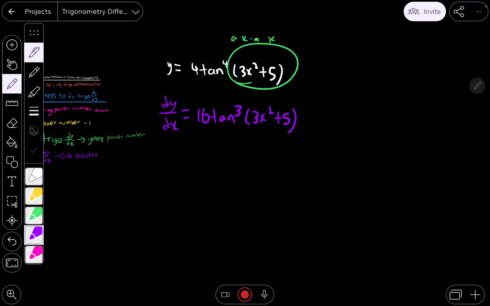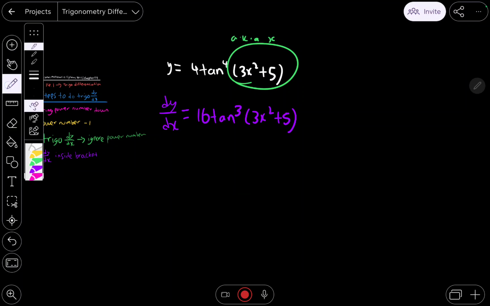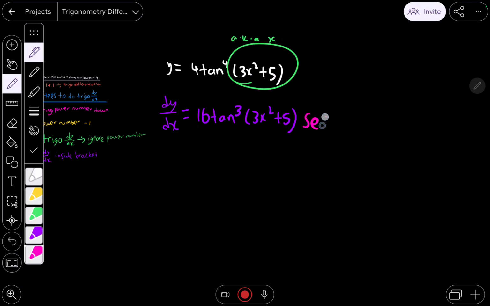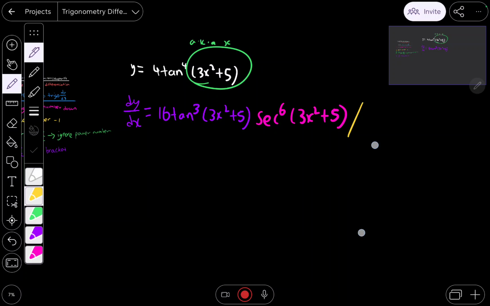Okay, do we write this? I'm going to give you two options, yeah? Which one do we write? Do we write this in pink? Or do we write this in yellow?